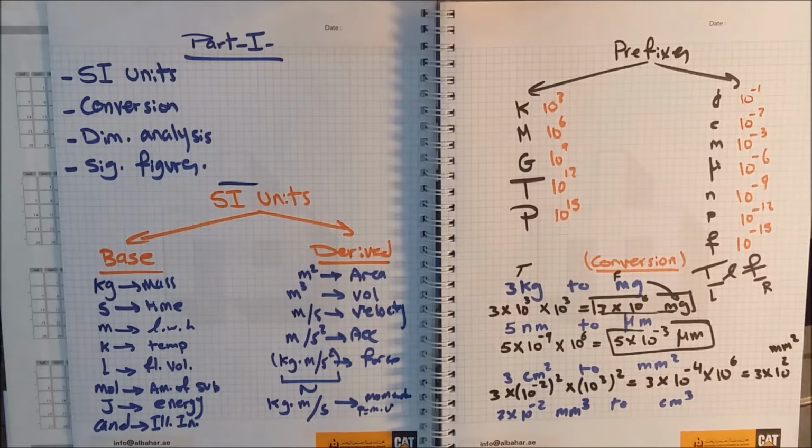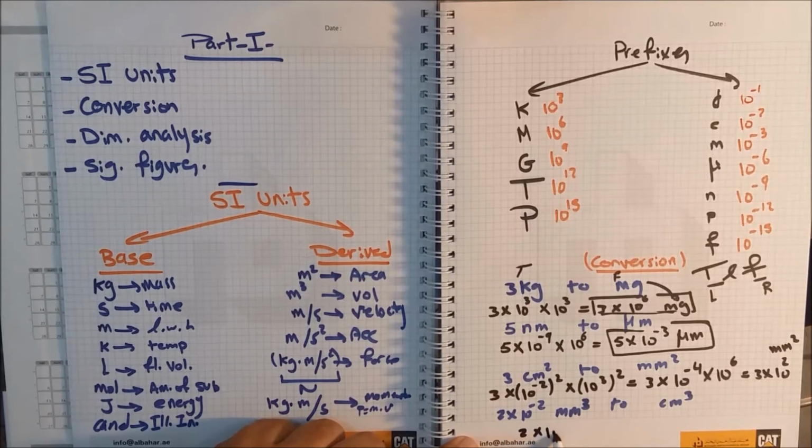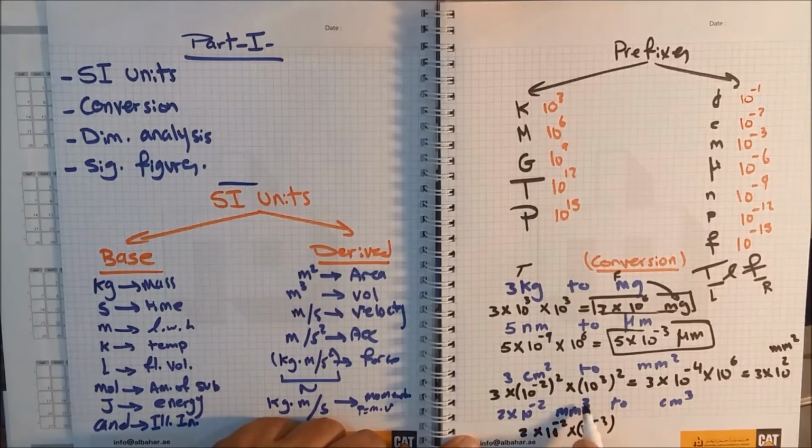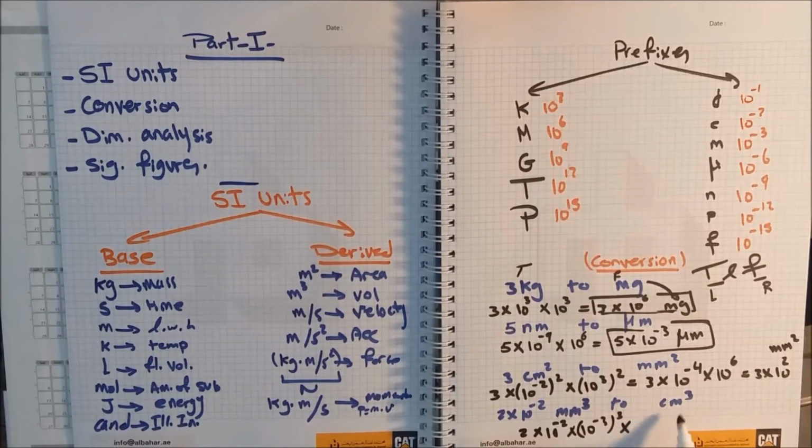Here also, in the conversion for the cubic millimeter and cubic centimeter, you're using translate and flip. So 2 times 10 to the power of negative 2, this is the number given in the problem, so you need to put it as it is, multiplied by, you need to translate the milli, which is 10 to the power of negative 3, but we need also to respect the power, multiplied by centi, which is 10 to the power of negative 2, and we usually flip this side, which is 10 to the power of 2, but we need to respect the power, and then you finish your problem.